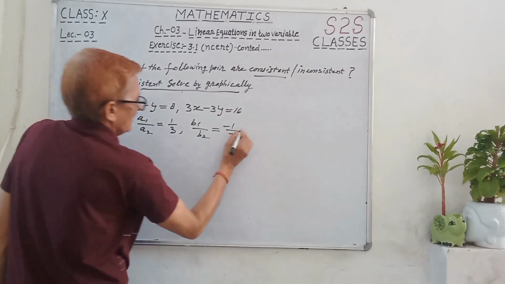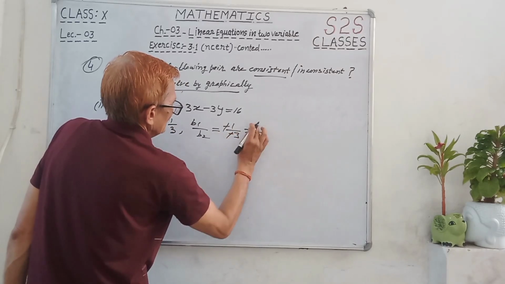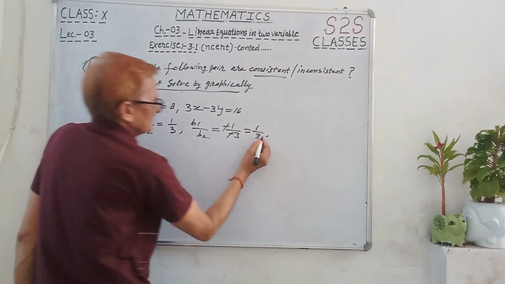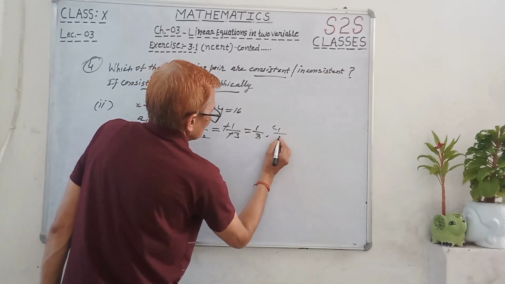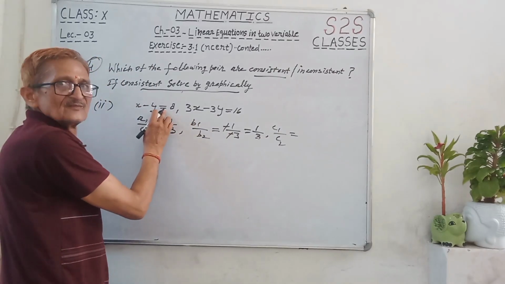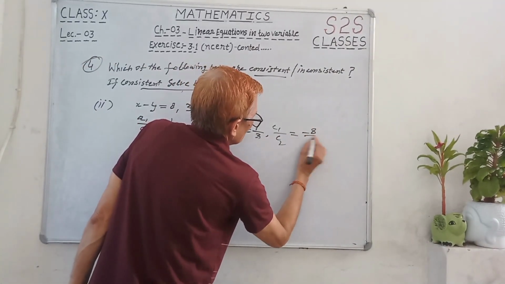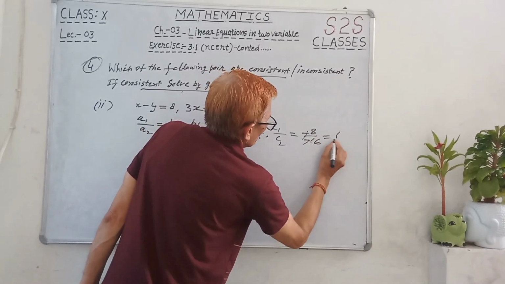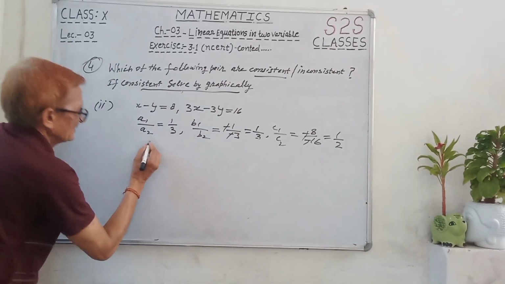Then it is also 1 upon 3, as the negatives cancel. Now, both are equal, then find the third. C1 upon C2. C1 is minus 8 and C2 is minus 16. It is 1 upon 2. So, first two equal but third not equal.